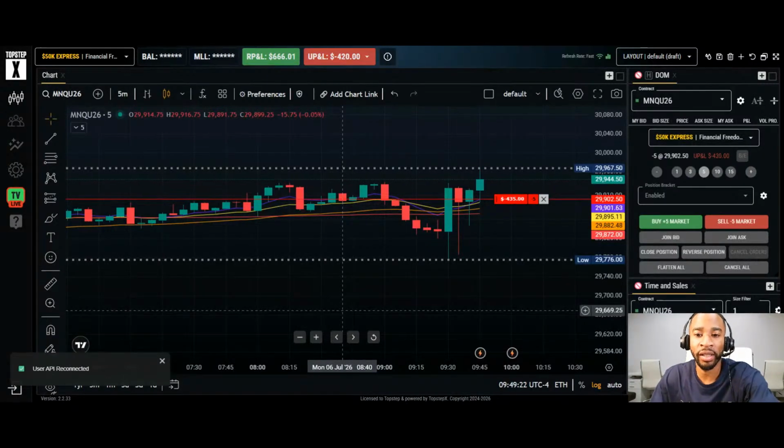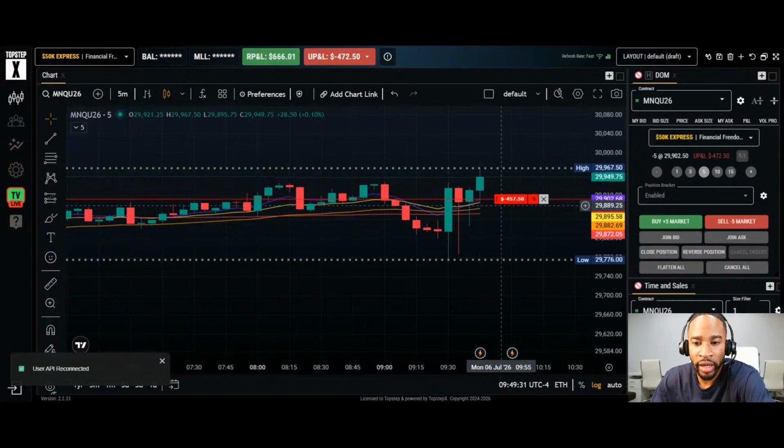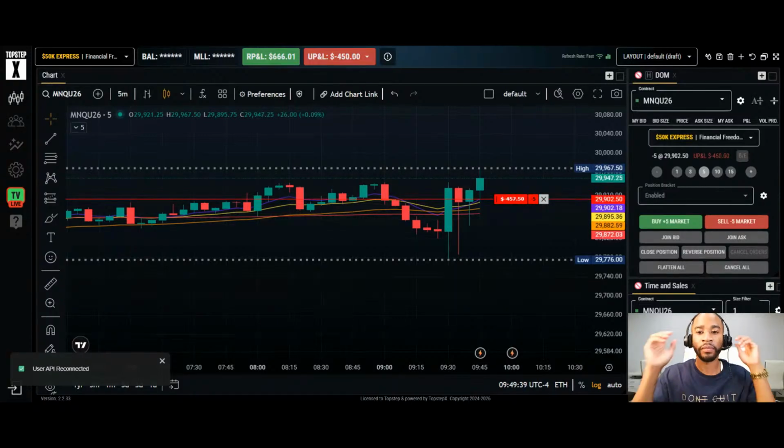Still waiting patiently for this thing to possibly pull back. The buyers, they're stepping in right now. Down 400 and some change. 500 and some change.